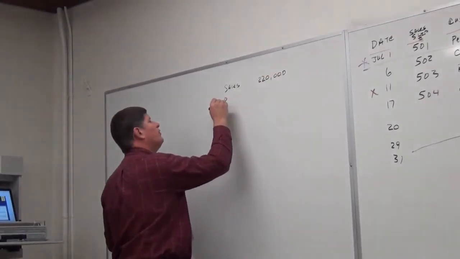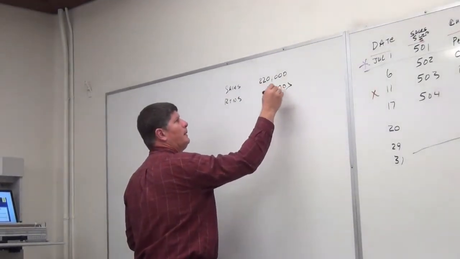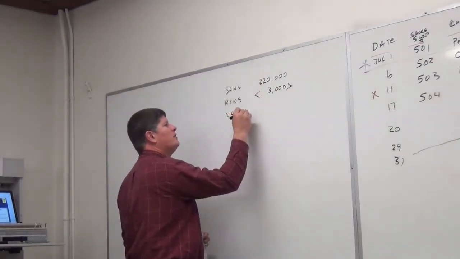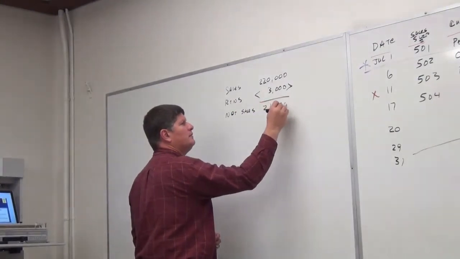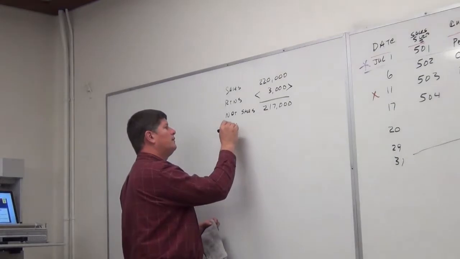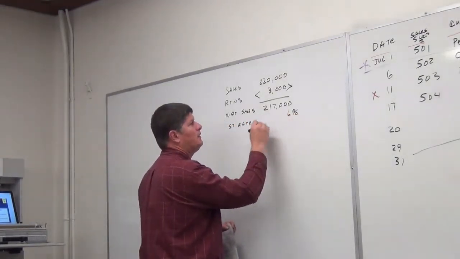$220,000. We have returns. Here's where the 3,000 comes into play. Correct? So we have net sales of 217. Okay? What's our sales tax rate? 6%.